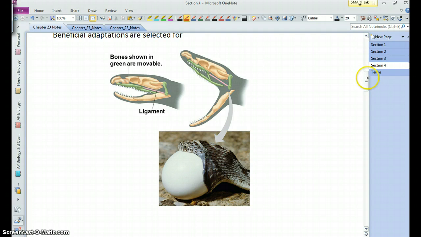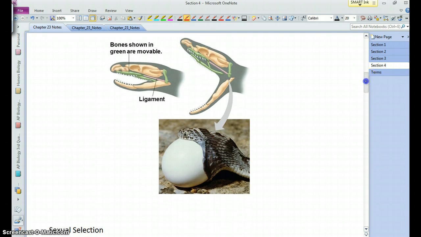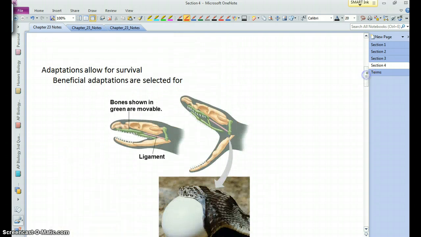So that's an interesting adaptation that many snakes have. You can think of all sorts of examples, like, of course, opposable thumbs in primates. That's an adaptation that has given us a certain advantage over other animals that don't have them.